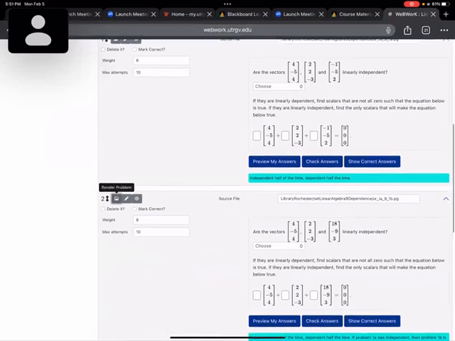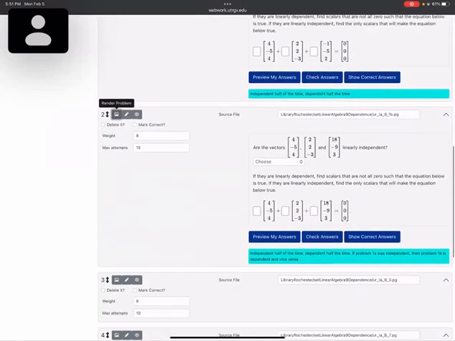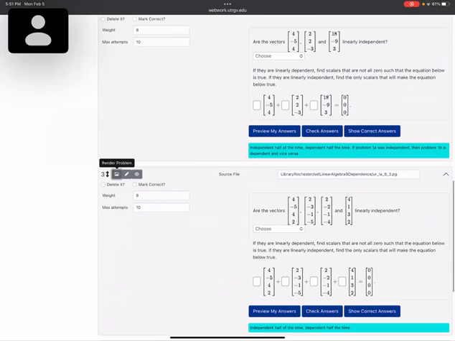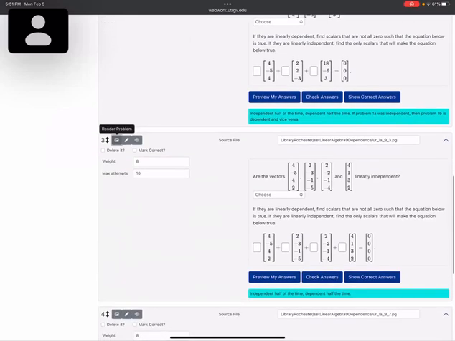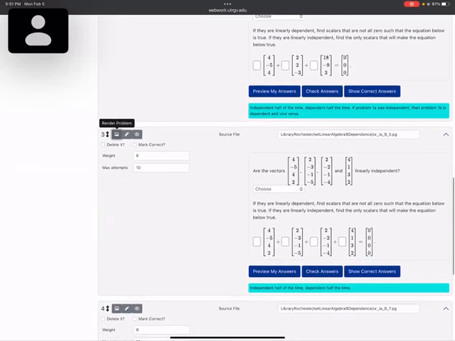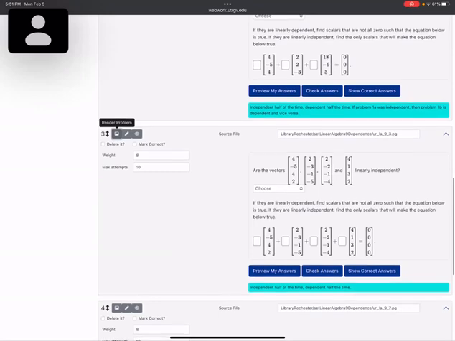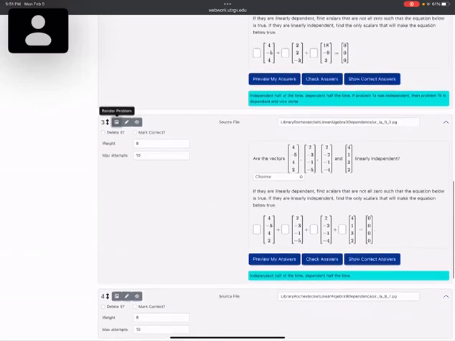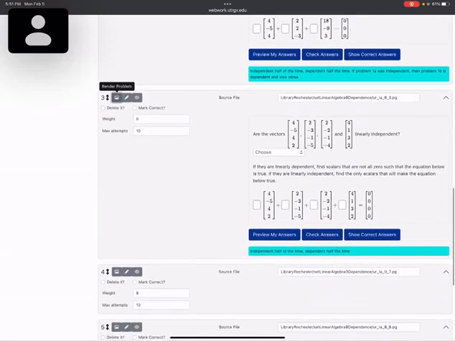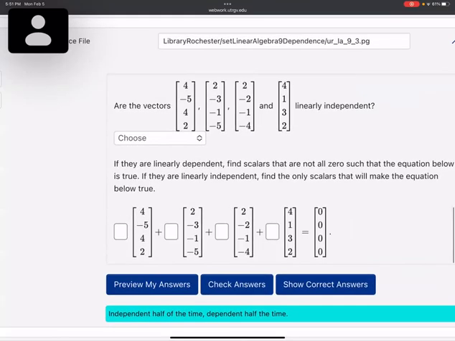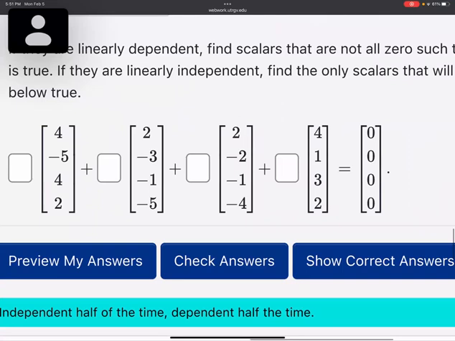The other one is very similar. Yeah, they are all the same. Are the vectors linearly independent? So they give you these first 3 vectors and then the last one, and you see if they're linearly independent. So what you do is the same. As you see here, you have to find the scalars that will make it 0.